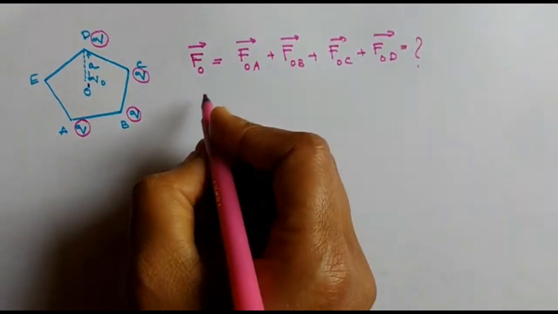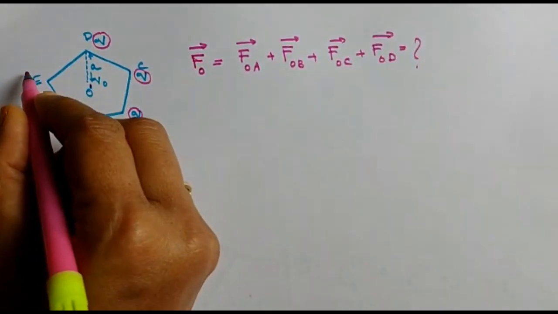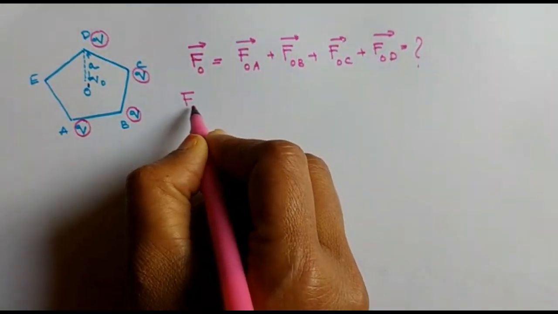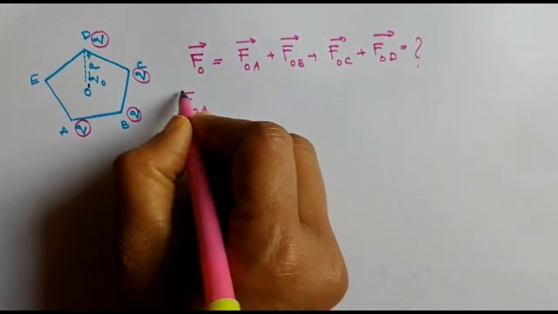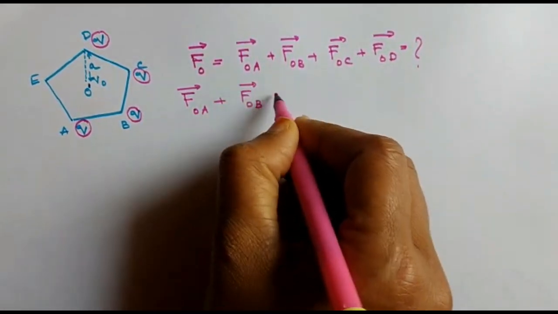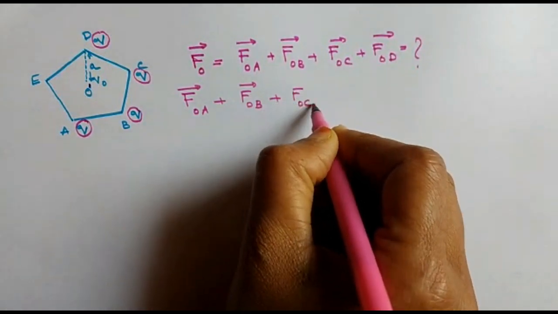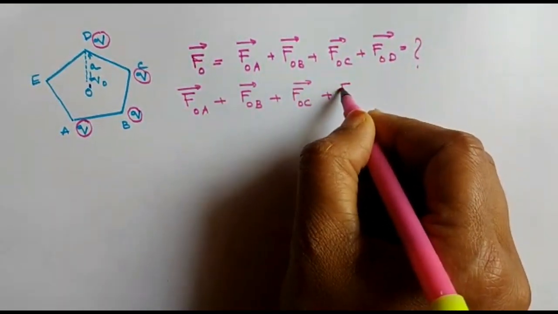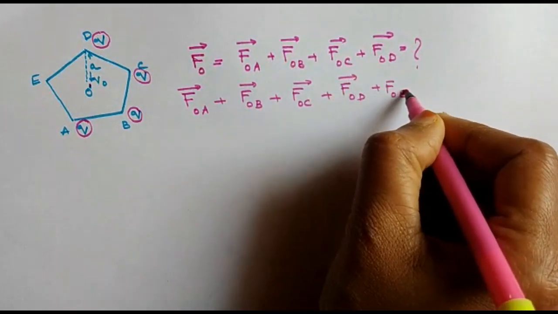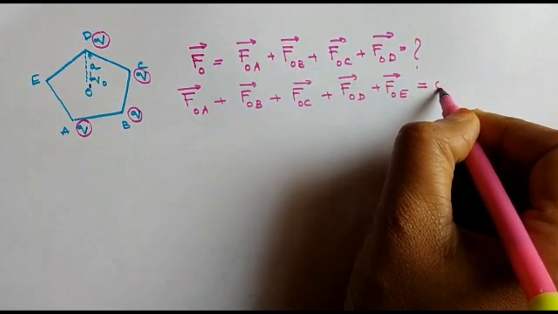But we already know, if you imagine that there is a charge at this particular vertex, the net force on O would have been 0. Because for 5 point charges at the vertices of a regular polygon, the sum of the forces including force on O due to E would have been 0.